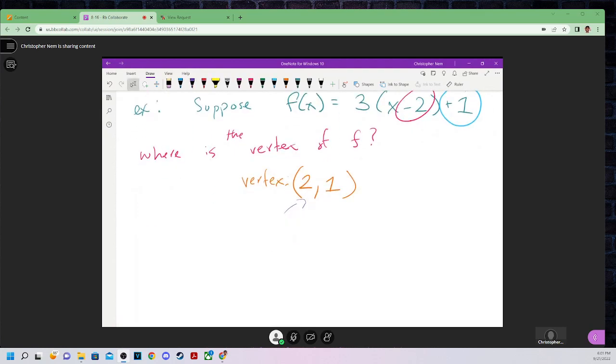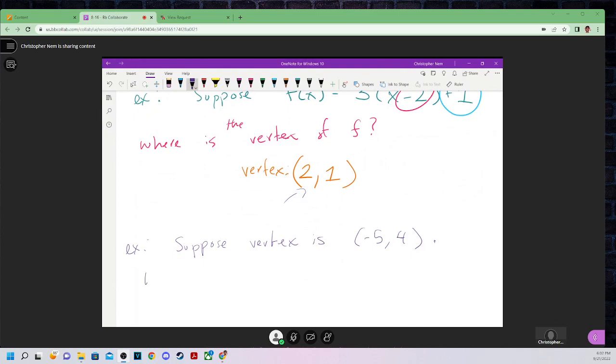Another example I can give is, let's suppose that I go backwards. Instead of me giving you the function, what happens if I give you the vertex? Suppose the vertex is -5, 4.